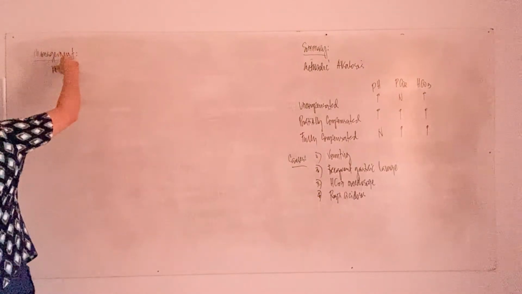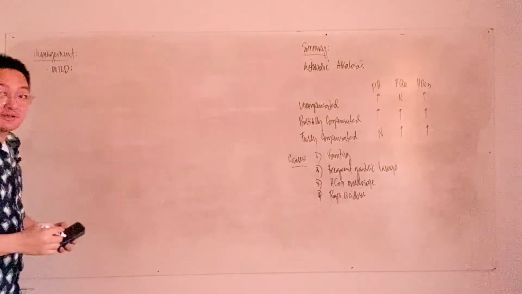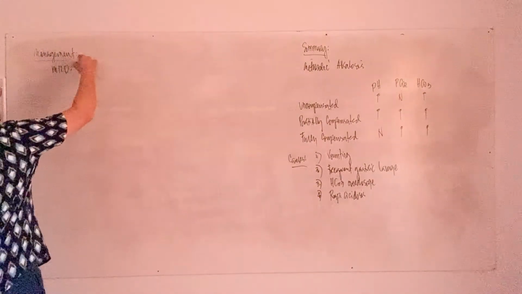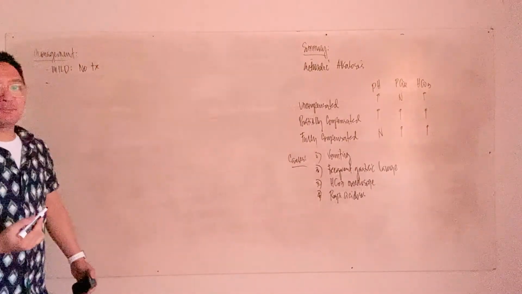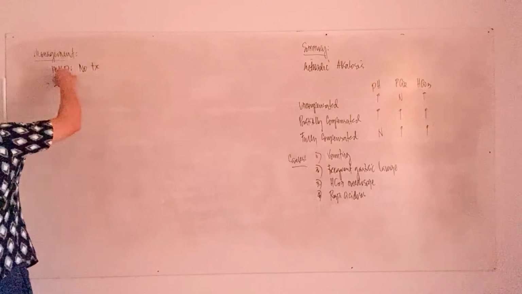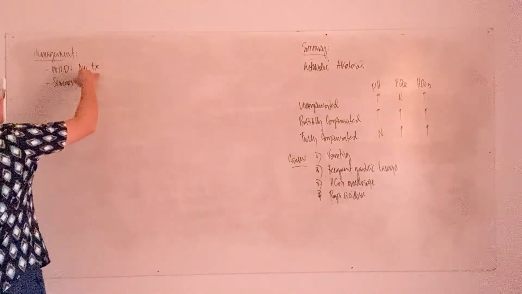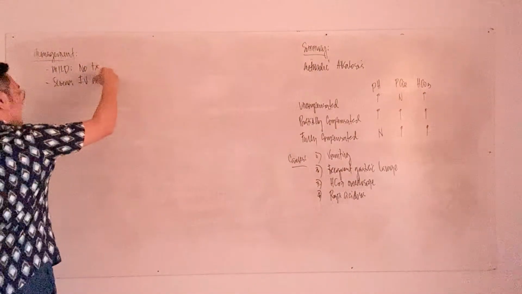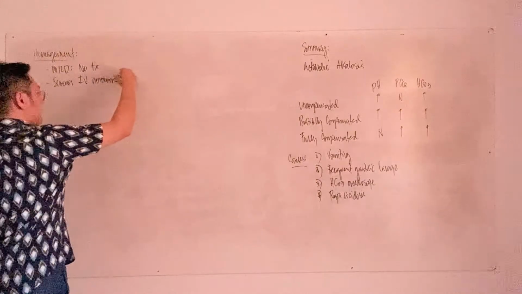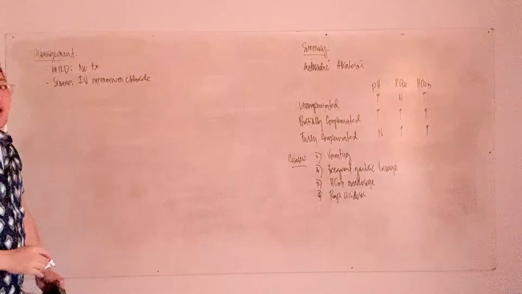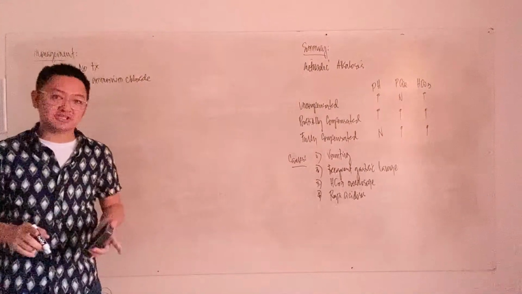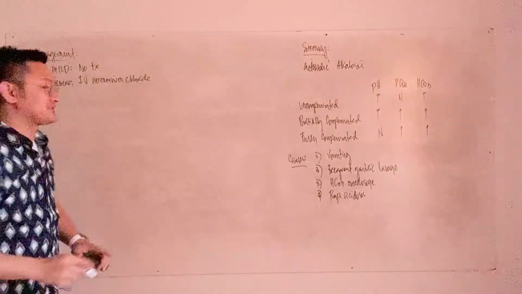If the type of metabolic alkalosis is mild, it requires no treatment. If the type of metabolic alkalosis is severe, we give IV ammonium chloride. Okay? IV ammonium chloride is given to a patient with metabolic alkalosis.